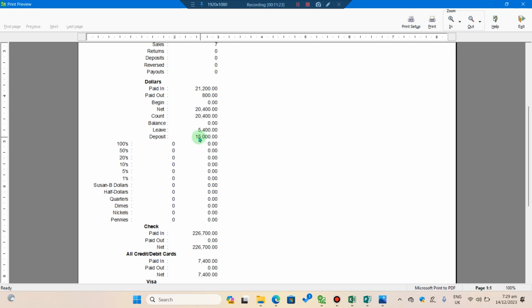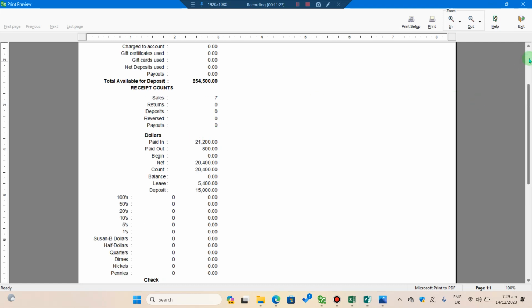Here we have a deposit of 15,000. Siku ilili ma sales amene anachitika, it's 254,500, but in terms of cash kunali 20,400, and imene inatsala inapangidwa left mu draw and 5,400. Imene imafunika ikapangidwe deposit ndi 15,000.